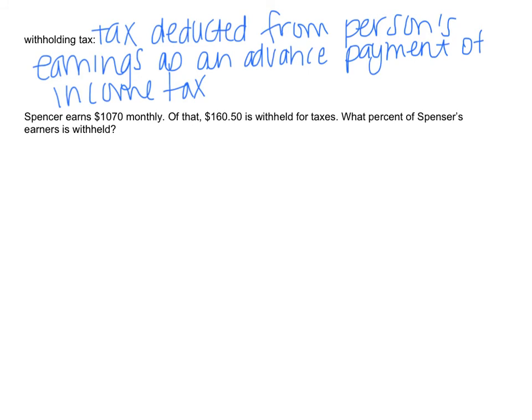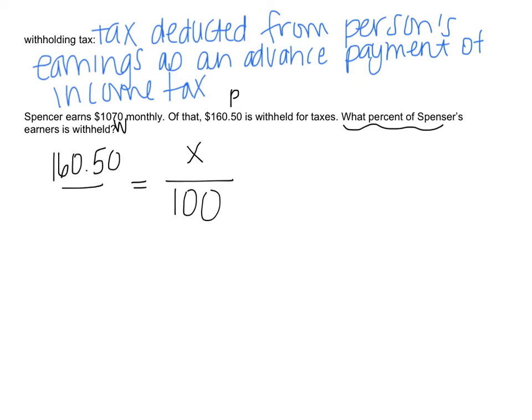So again, we can still use that is over of equals percent over 100. So if we set up our proportion, it's asking what percent. That is our unknown, and so we can do x over 100. Now we just have to figure out the top and the bottom. Think of part and whole. This is your part and this is your whole. So we're going to do 160.50 on top, because that is what is withheld, and our total is $1,070.